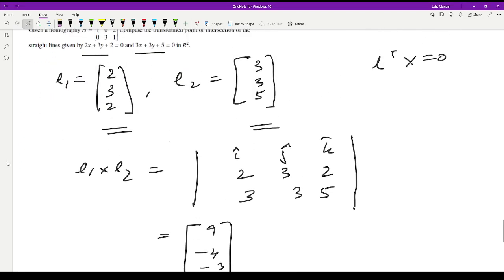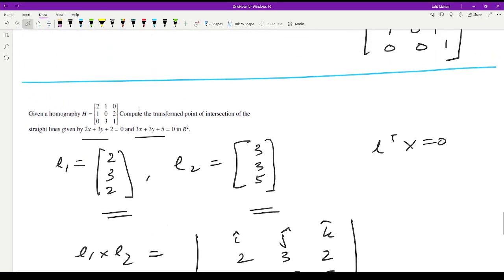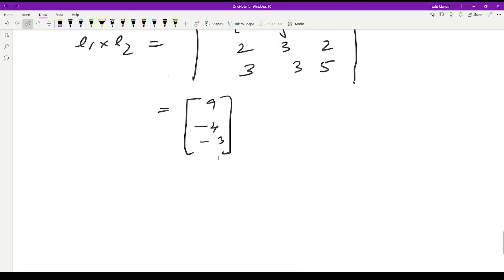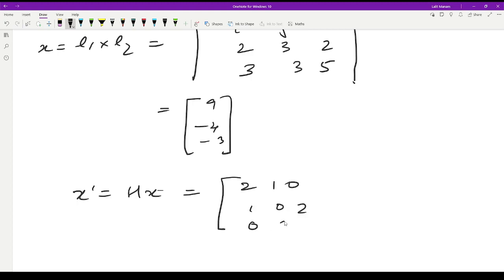So this is the point of intersection. Given the point of intersection and we have a homography, we need to get the transformed point. Okay, so x dash equals Hx. So I'll write this as some point x, which is [2 1 0; 1 0 2; 0 3 1].